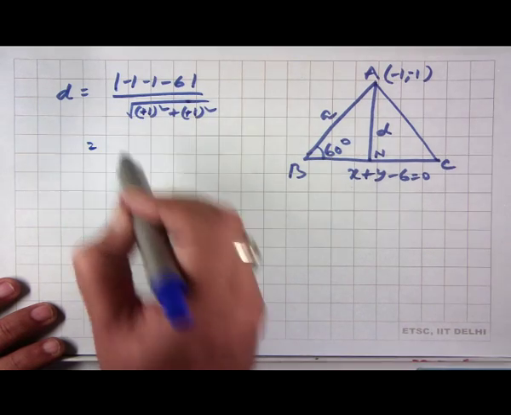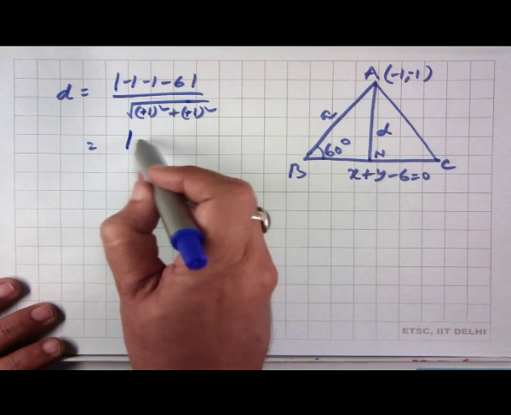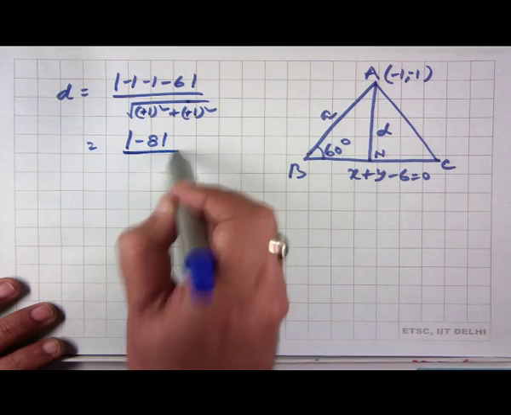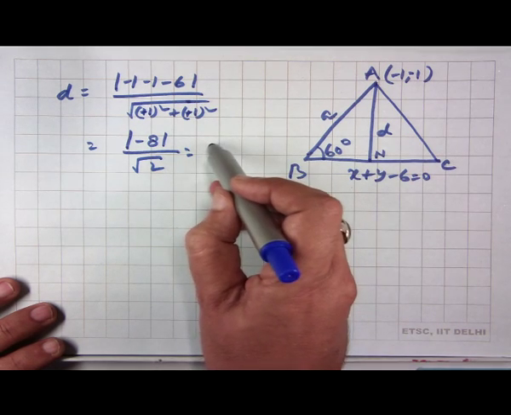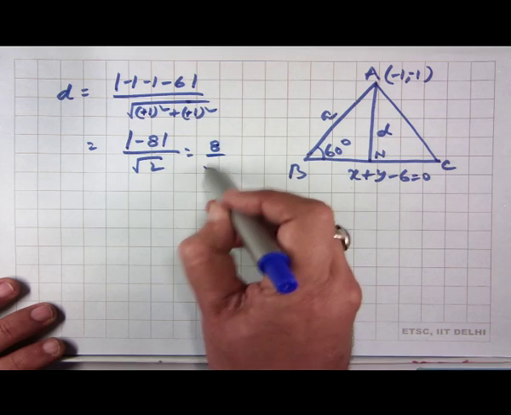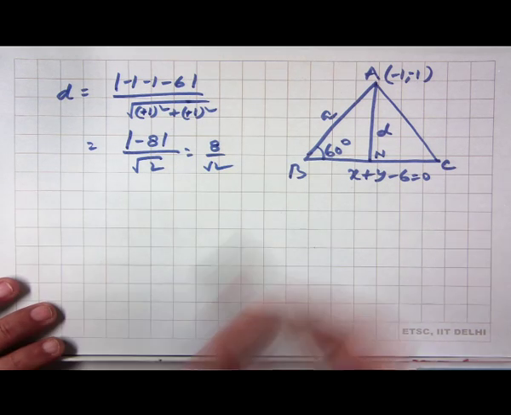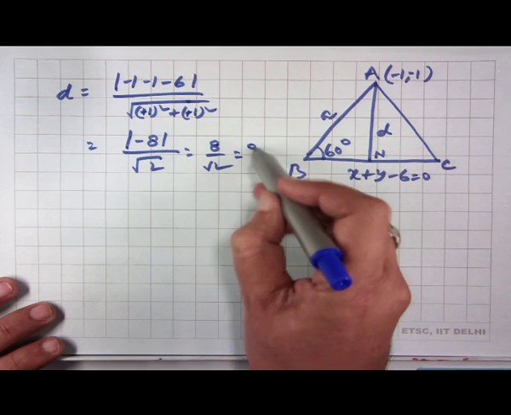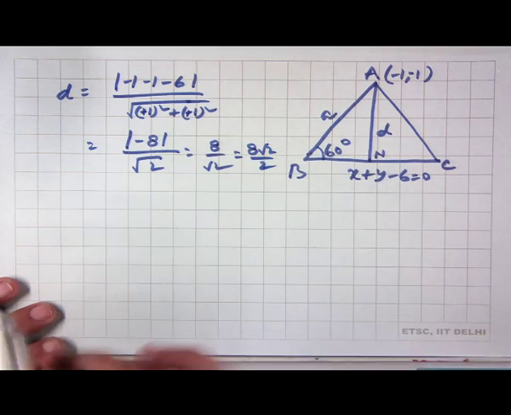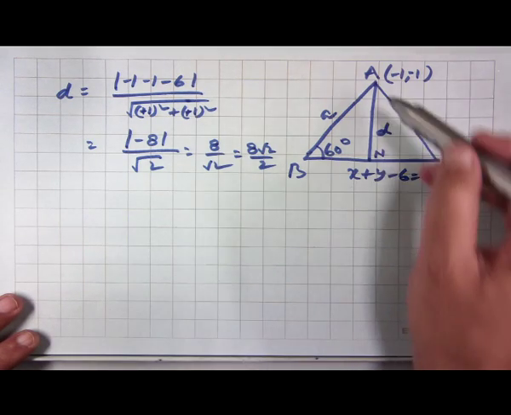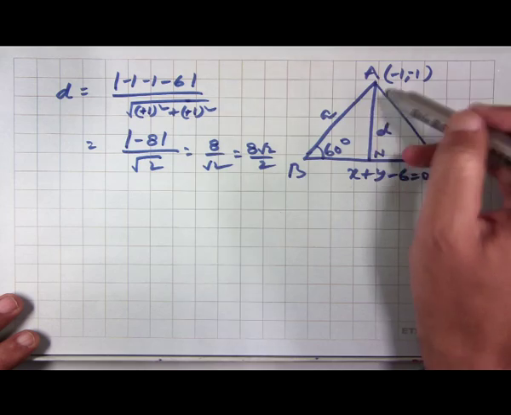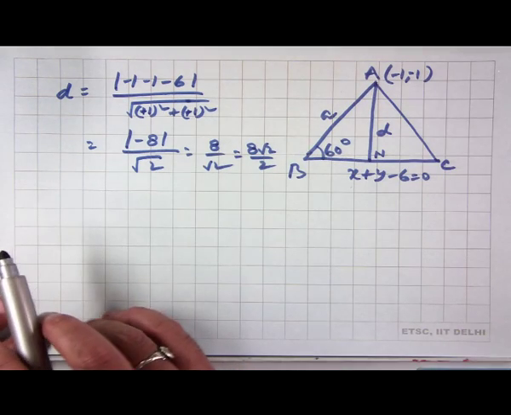So this is mod of minus 8 by root 2, equal to 8 by root 2, or we can write it as 8 root 2 by 2. So this is the length of this perpendicular D.